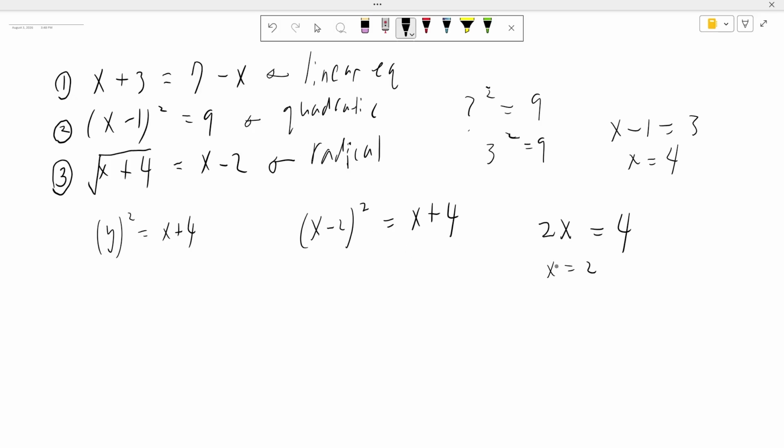So all these equations have some sort of a question or are making a statement.